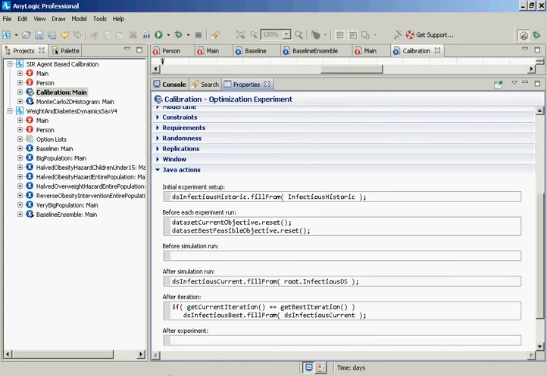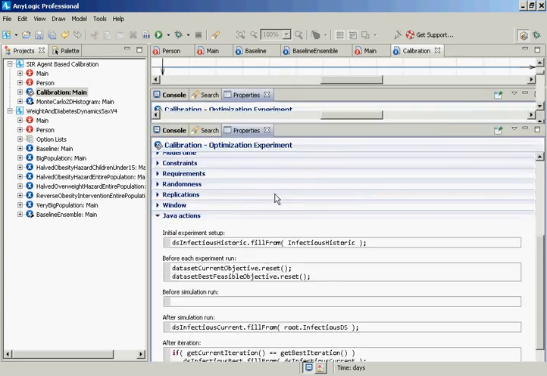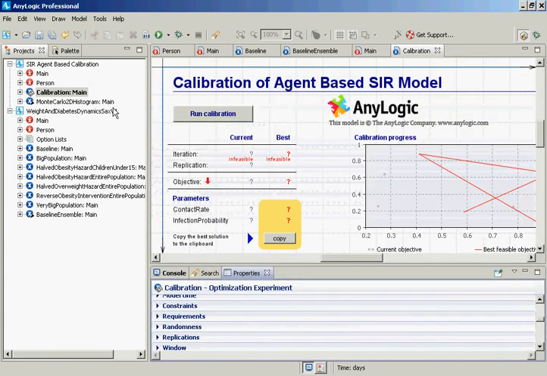So this is a model where, if you go look at calibration, within here there's this data set, infectious historic, okay? And this is based on a table function, something that says for this time, use this value. And you can go into the preview area.